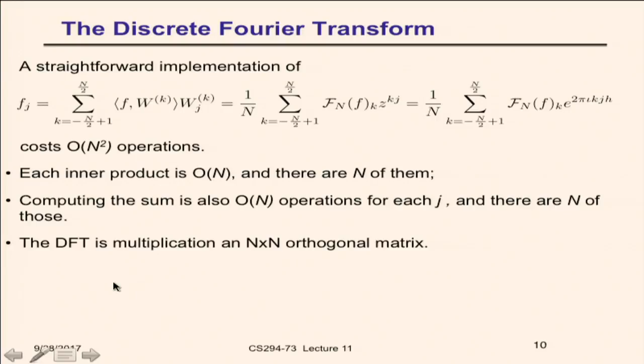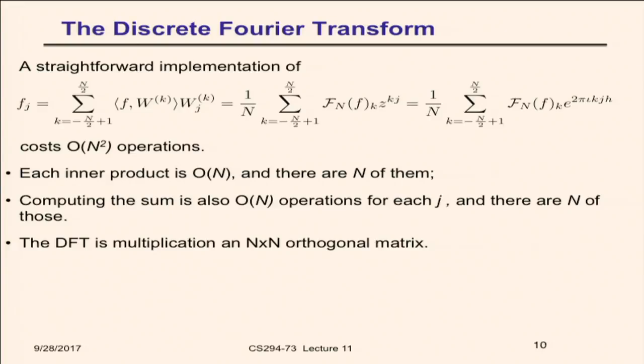Now, one way of putting this in context is that in general, if you have a system of orthonormal vectors and you want to compute the expansion coefficients, if you know nothing else about the orthonormal vectors, what it looks like is matrix multiplication of the input vector by a matrix whose rows are the orthonormal vectors.